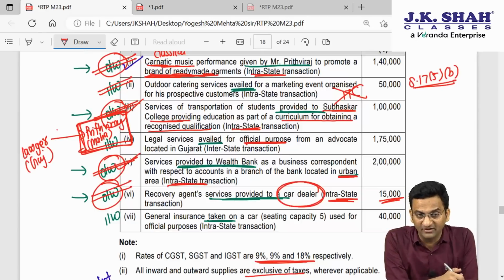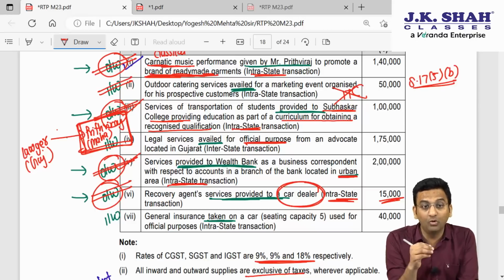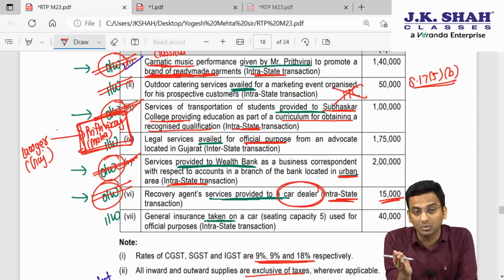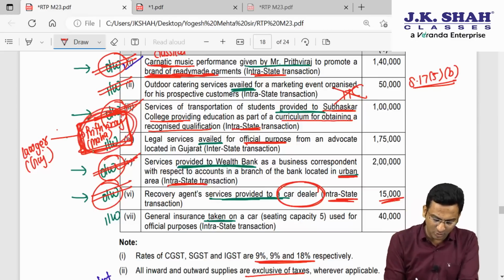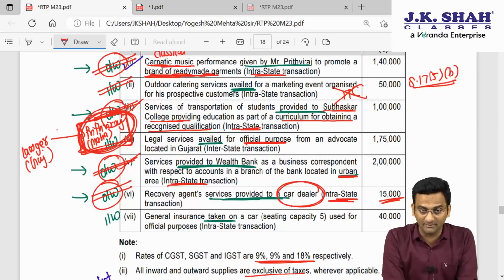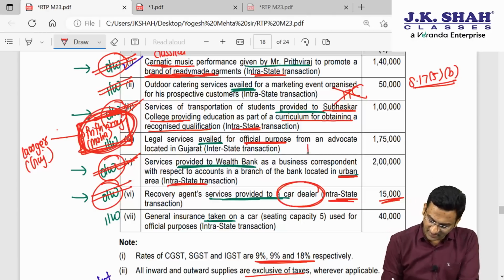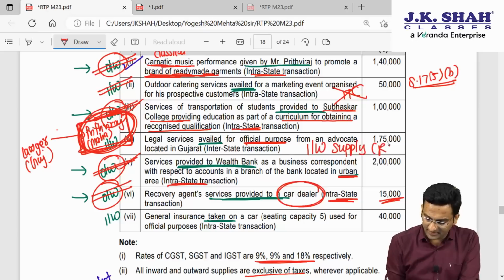So can I say that friends, this service is taxable? And if it is taxable, then who will pay the tax? Lawyer to any person carrying on a business, so that such business entity is liable to pay tax under the RCM basis. So friends, this is inward supply and this inward supply is covered under RCM.